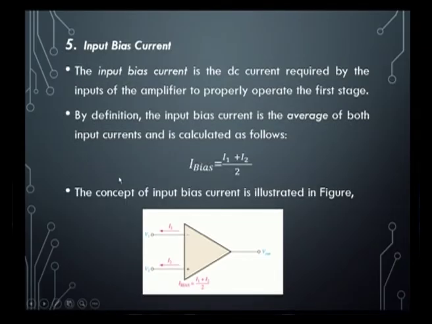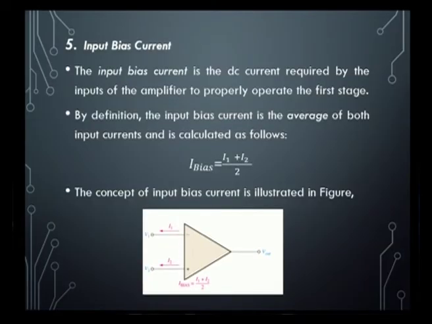Next is input bias current. Input bias current is a DC current required by the inputs of the amplifier to properly operate the first stage. To turn on a transistor, we need a certain value of current. So, this input bias current will start the very first stage, that is the differential amplifier stage in the internal structure of the op amp.